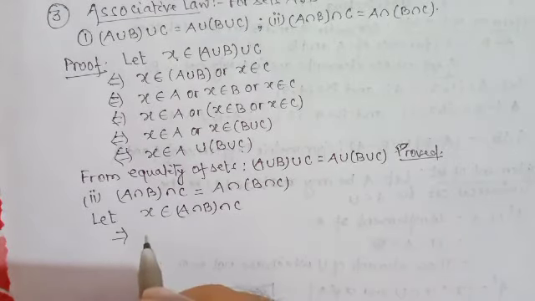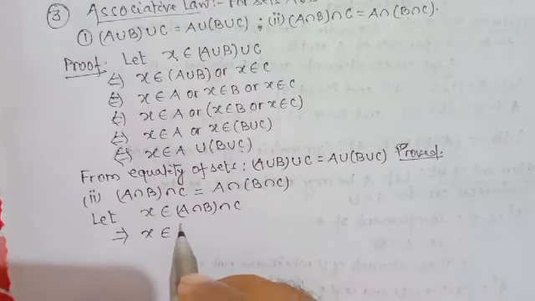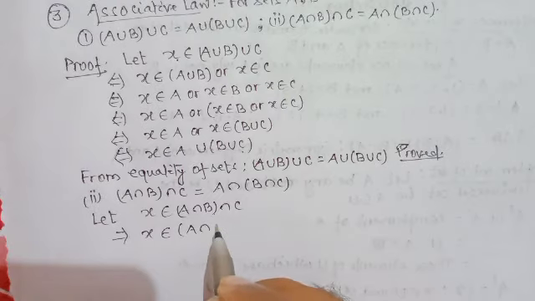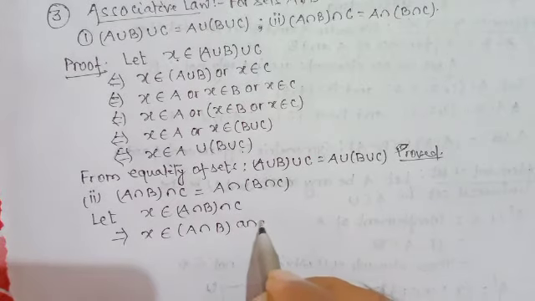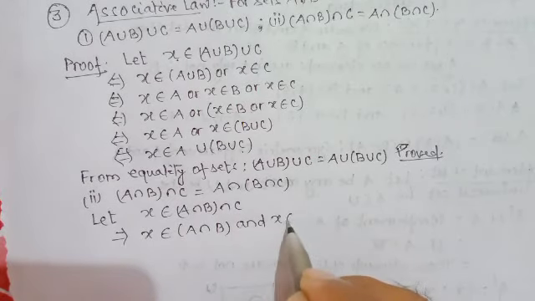So first write X belongs to A intersection B. For this symbol of intersection, write it as and x belongs to C.